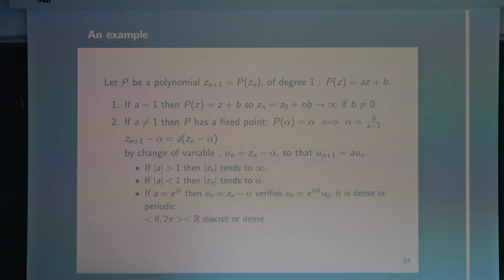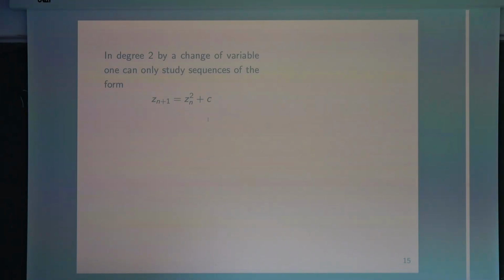We know everything. And if we go to degree 2, I didn't put the change of variable, but you have az squared plus bz plus c. And you can put a change of variable so that a disappears and b equals 0. So just lambda z plus mu. And if you do a change of variable, you will have lambda squared divided by lambda or something like this, so you can put it to 1.